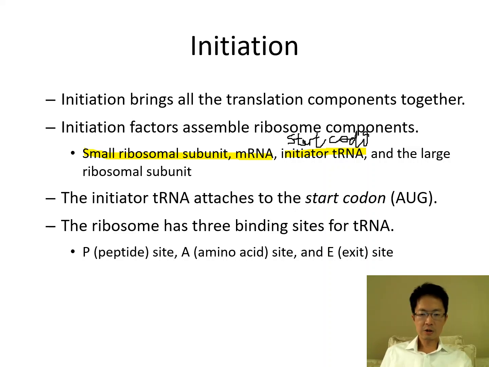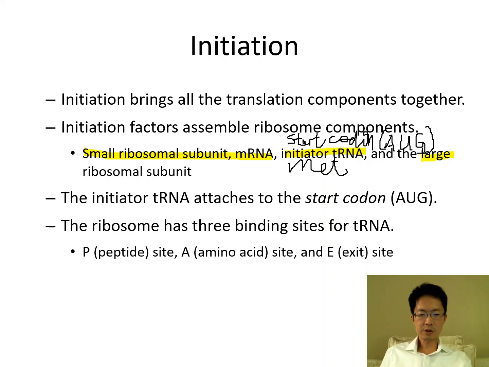So start codon usually is AUG. And AUG codes for methionine. And then of course we also have the large subunit.